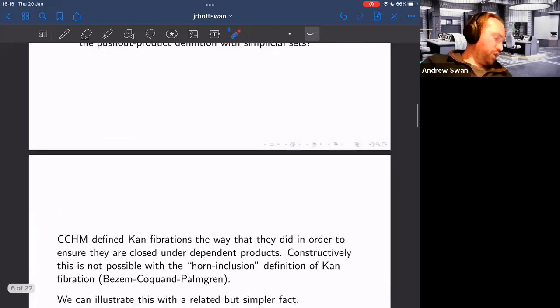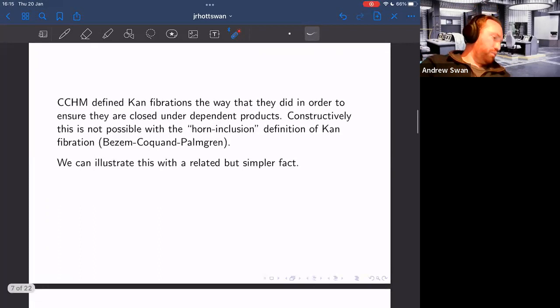Right. So for the first question, the answer is dependent products.